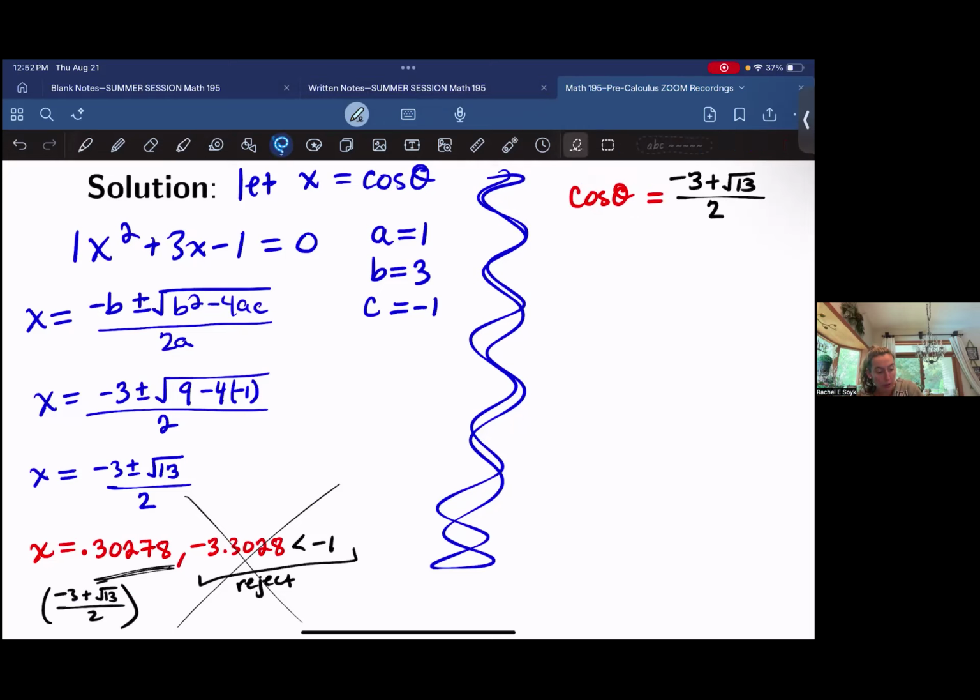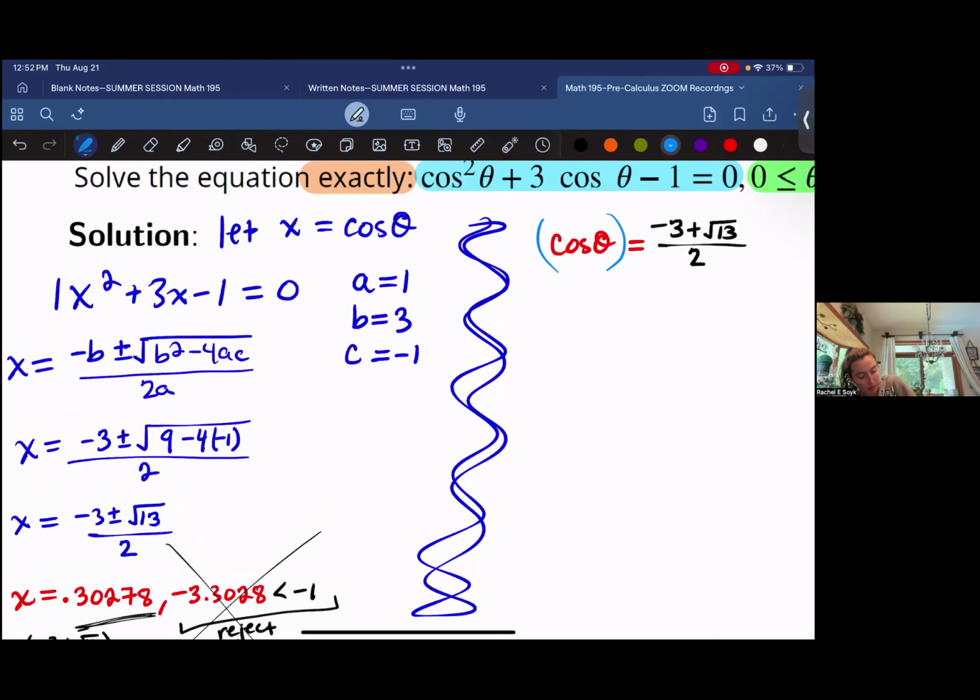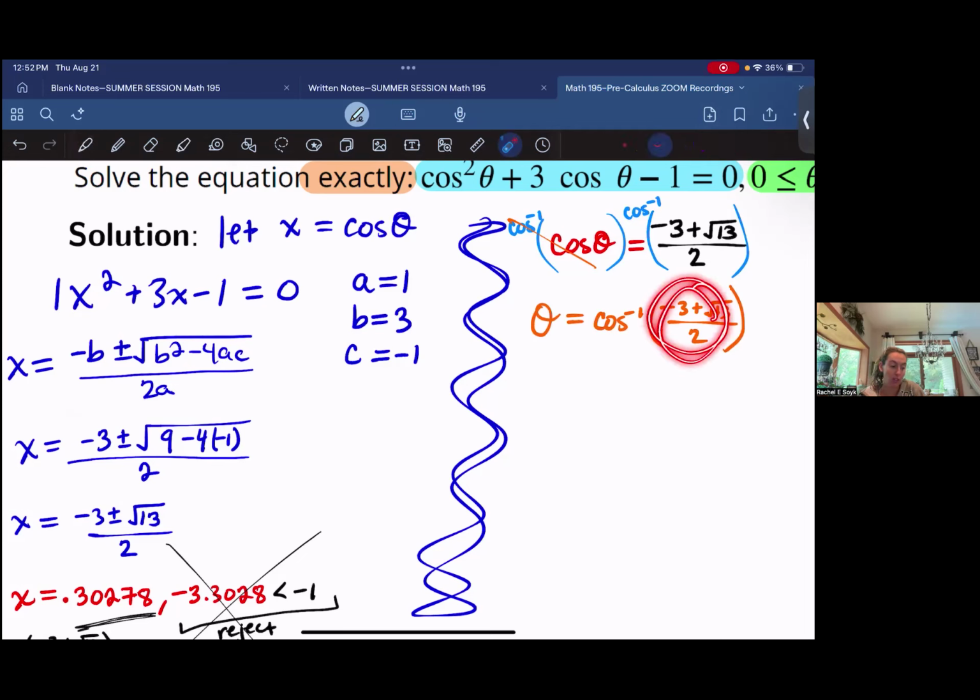We take the arc cosine of both sides, the inverse cosine function. So theta is equal to the arc cosine of negative 3 plus the square root of 13 over 2, which again, what we have in parentheses is about 0.30278, a positive value.